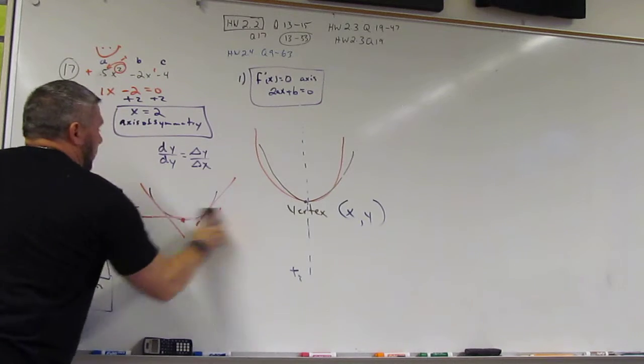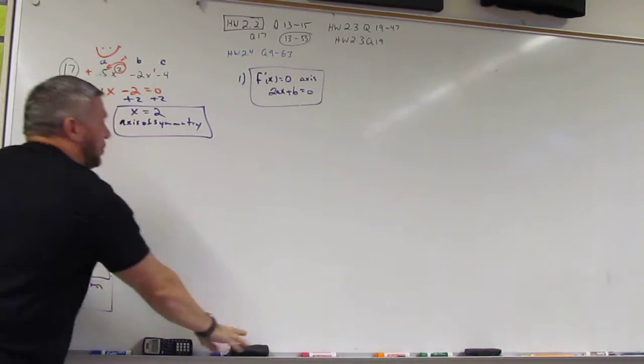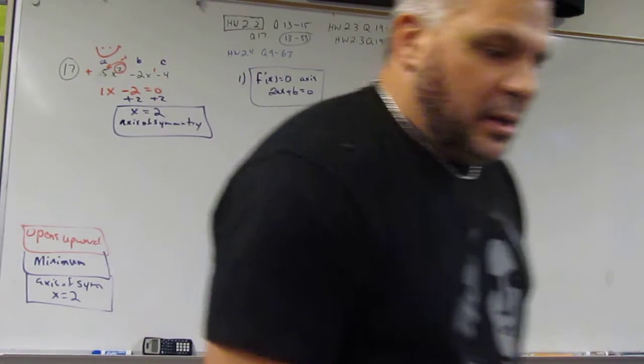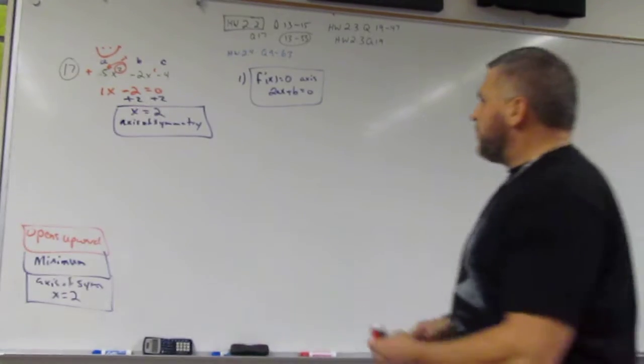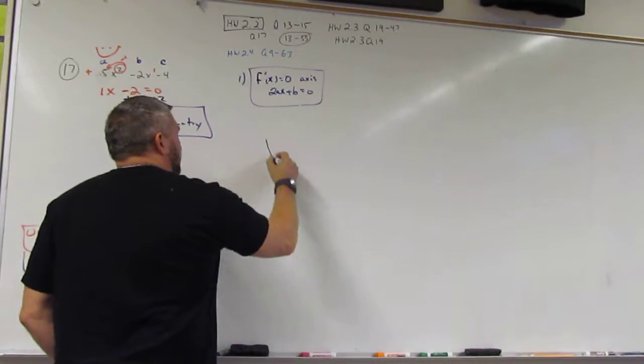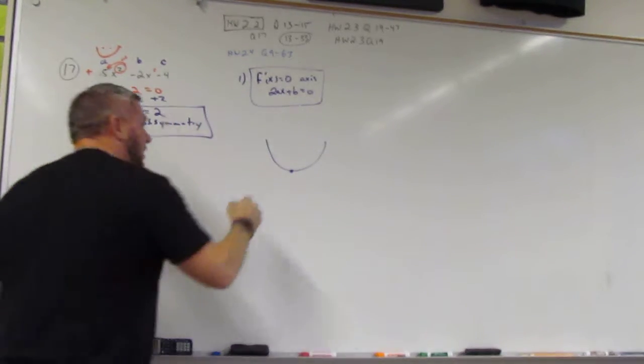So we have a little bit more, right? These are big problems. Okay? Now we got to find the vertex. But think about it. We just said that the vertex is that point, right? We found the x.